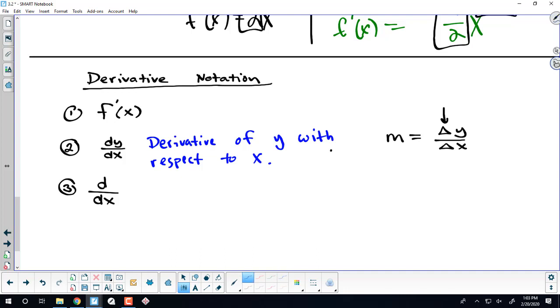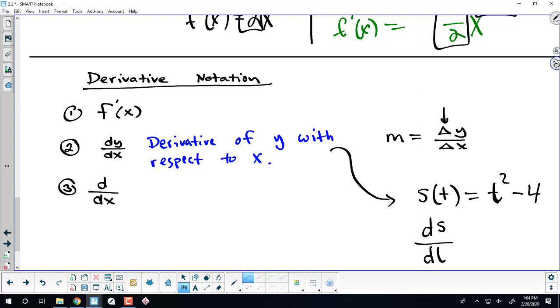Like if you had a position function, and they called it s of t, position at some time, say t squared minus 4 or whatever. We could say take the derivative of that function s with respect to the variable t.